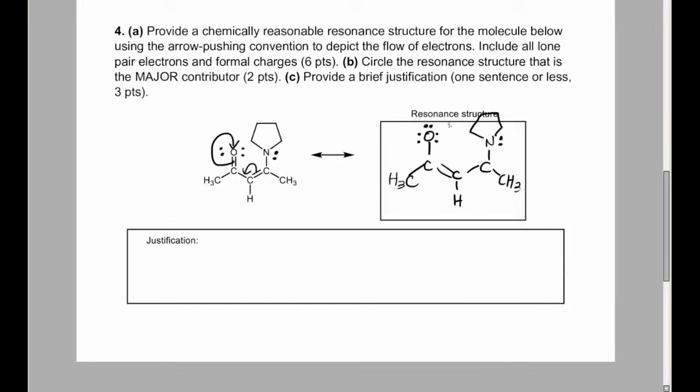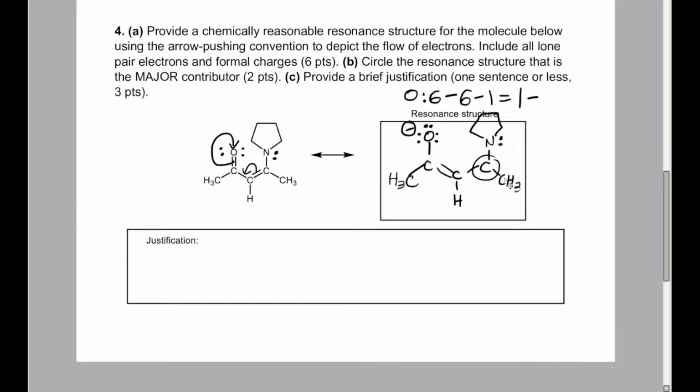This oxygen should have 6 valence electrons, but here we see it has 6 lone pair electrons, so 6 minus 6 is 0, and then it also forms 1 bond with carbon, so 6 minus 6 minus 1, which is equal to a 1 minus or a -1 charge. Or you can just write it as a single minus sign.